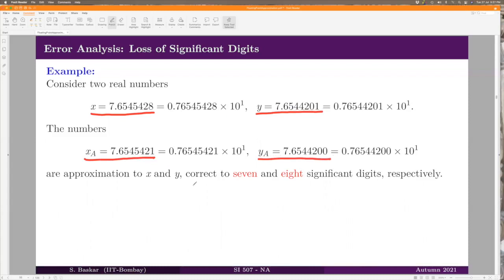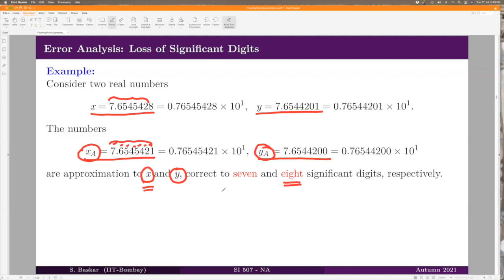You can check intuitively, or by putting these values in the above definition, that xa has 7 significant digits when compared to x, and ya has 8 significant digits when compared to y.